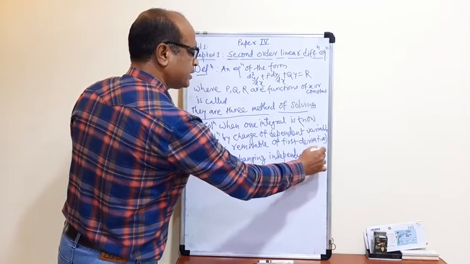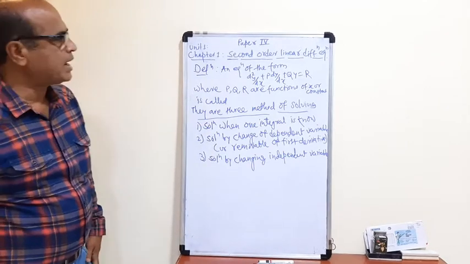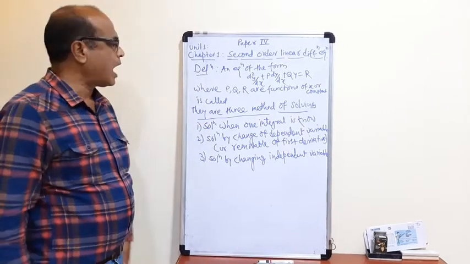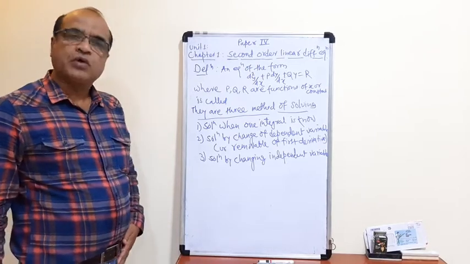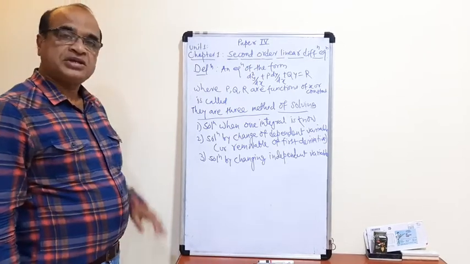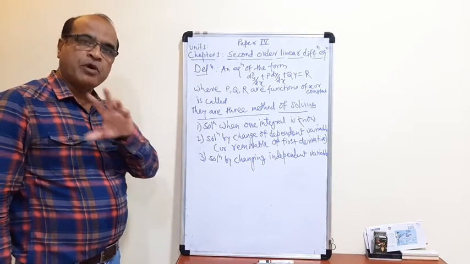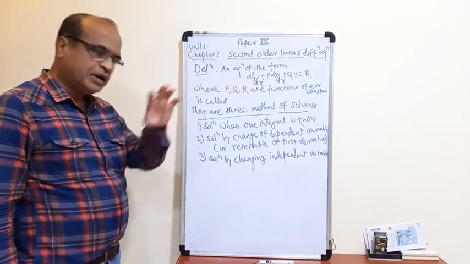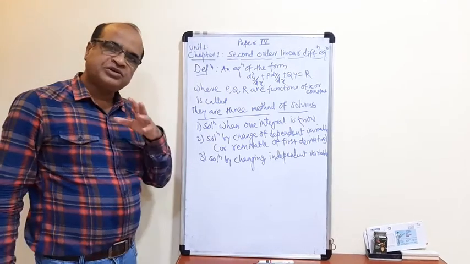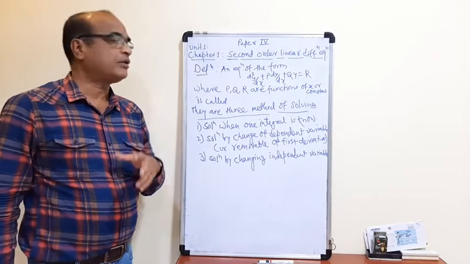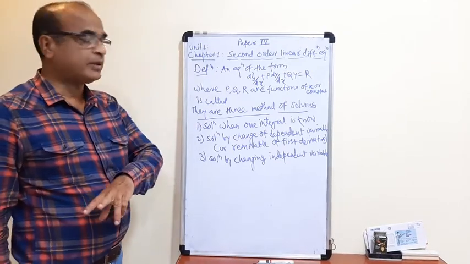second order differential equation d2y by dx square plus p dy by dx plus qy is equal to r. First method is solution when one integral is known. Second, by changing the dependent variable, simply called removal of the first derivative. And third method is solution by changing the independent variable. Y is a dependent variable and x is an independent variable.